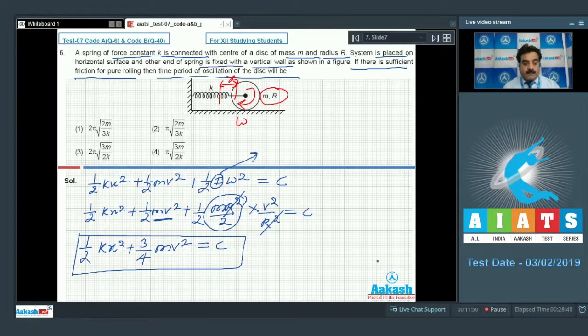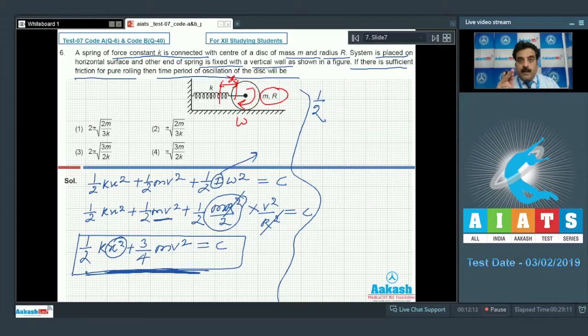If I differentiate, then you will get an equation in terms of acceleration. And why are we doing this? Because I need the value of omega. If I differentiate this equation with respect to t, when you differentiate x square, you will get 2x and dx over dt, right? And you know dx over dt is equal to the velocity, so you will write v.